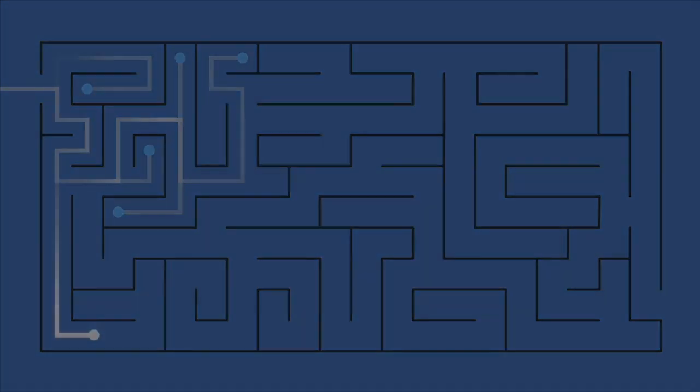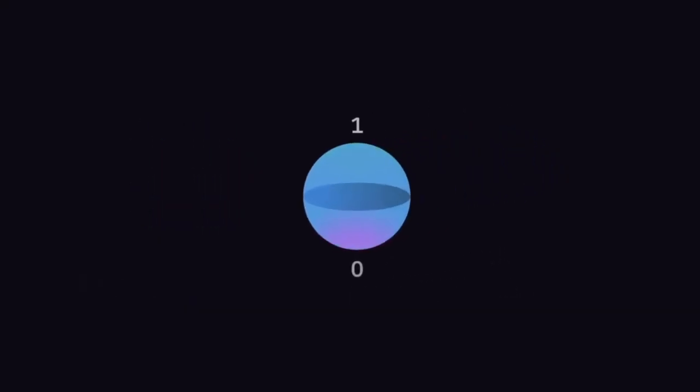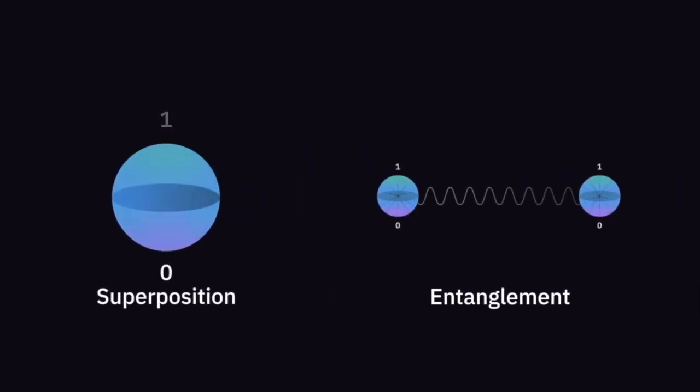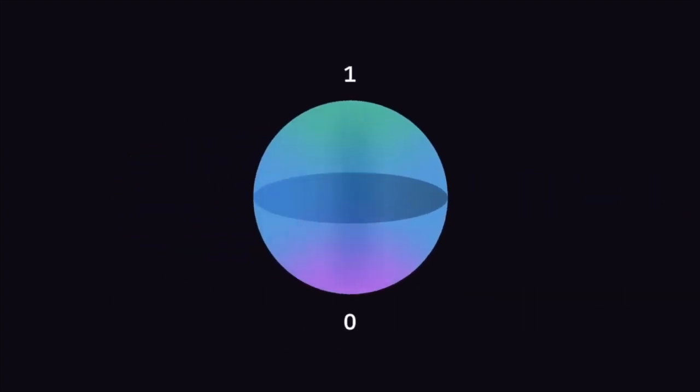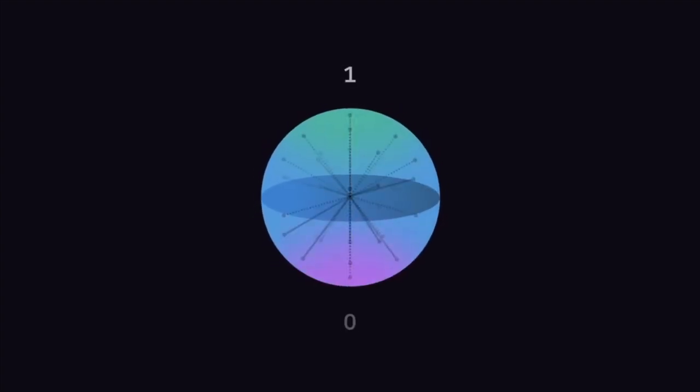Just as classical computers use bits, 1s and 0s, on and off binary code, to perform tasks, quantum computers use qubits. Qubits, however, use two principles of quantum physics. One is superposition and the second one is entanglement. Superposition basically tells you that you can have a 0, a 1, or both at the same time.